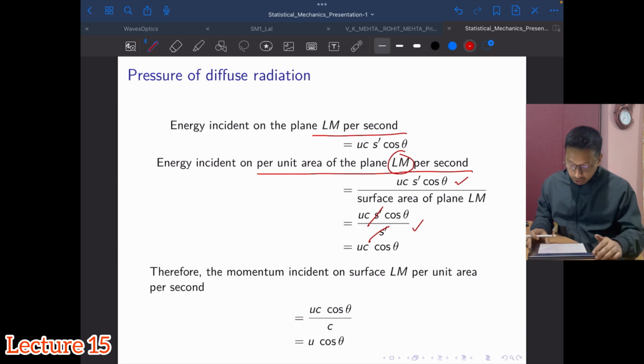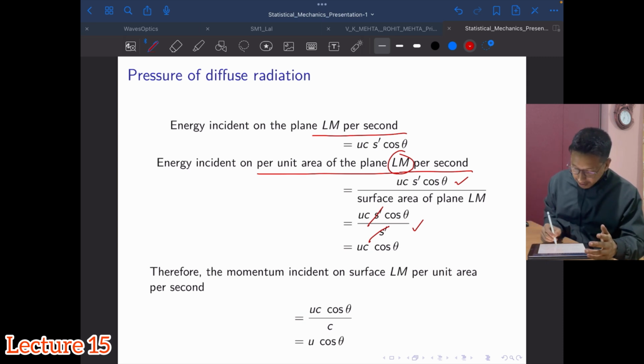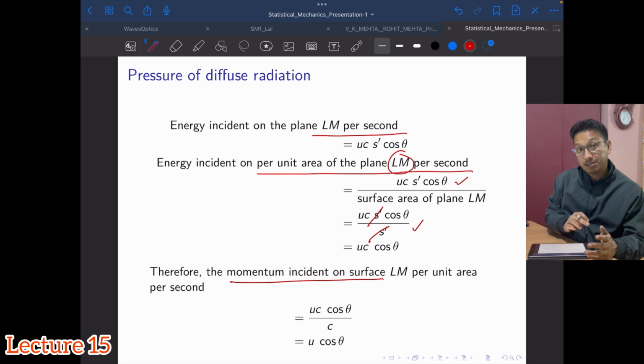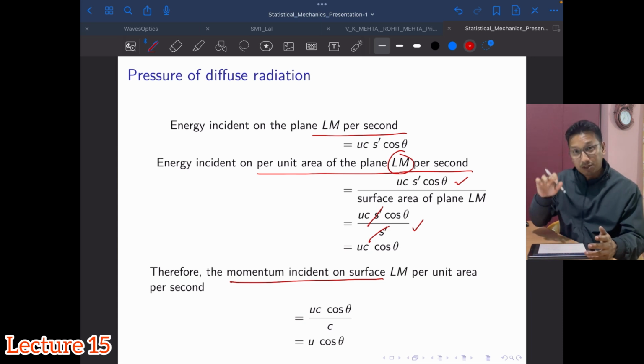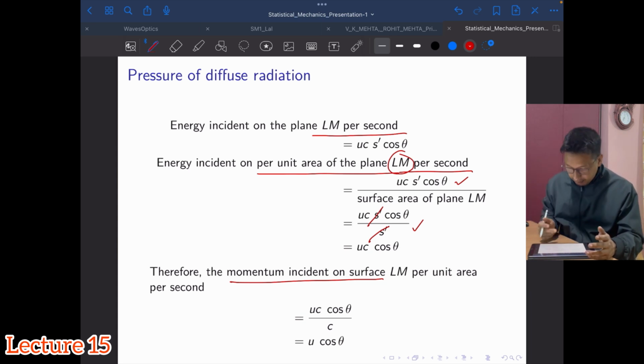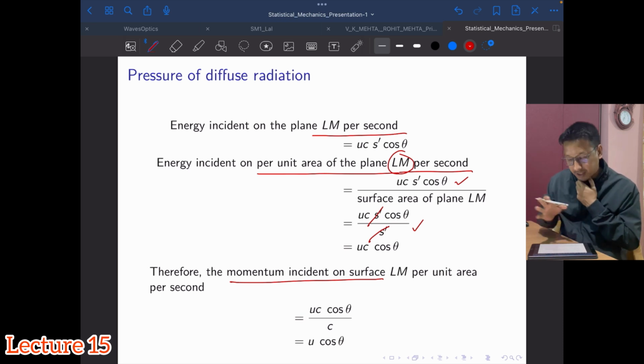And we have already got the formula for momentum incident on the surface LM per unit area per second, which was energy divided by the velocity of light, as we have seen. Here the energy is u c cos theta, passing through the surface per unit area per second.